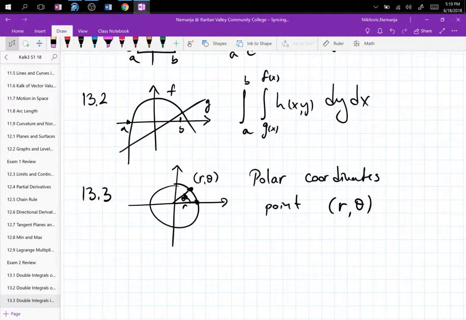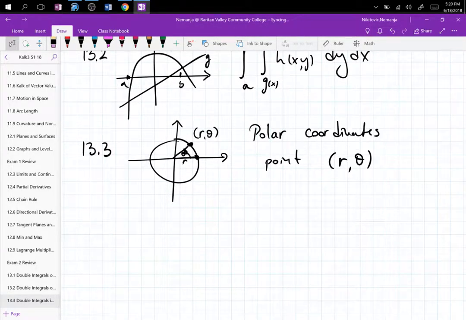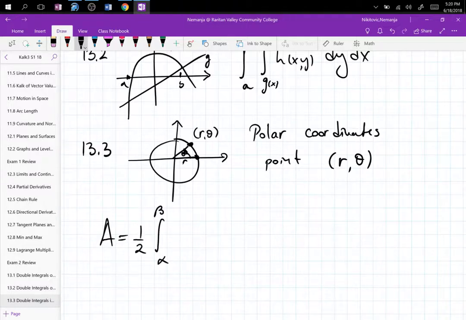You also learned in your Calculus 2 class, I hope, that you can find the area of a polar region using the formula 1/2 integral from alpha to beta of f of theta squared d theta.